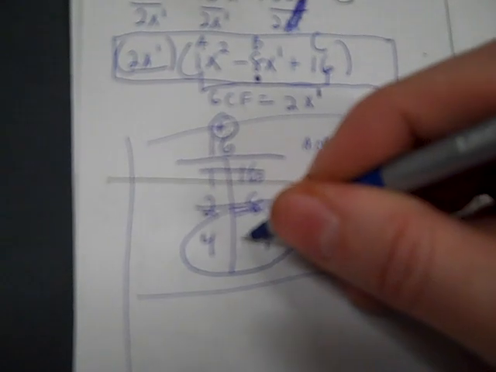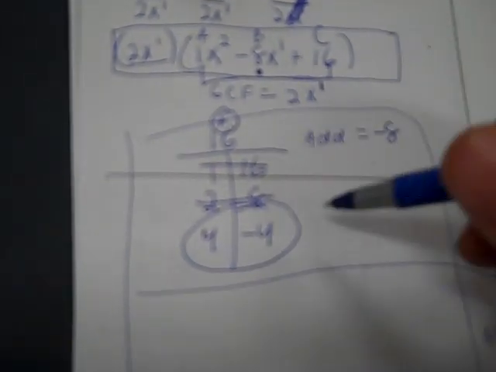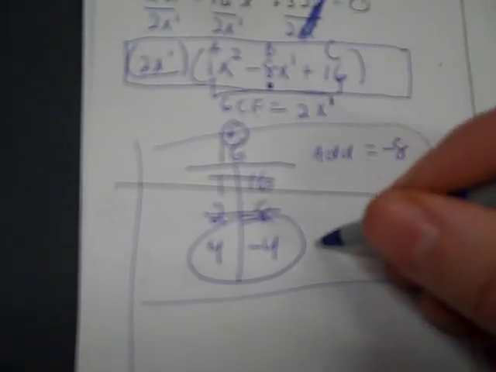So 8's negative, and I don't really have a bigger number, so I put a negative on one of the 4's. Doesn't matter. Now I have a positive up here, and that means the signs have to be the same, okay? Now a is 1x to the second, so when I make my parentheses, I can start with a 1, 1x, minus 4, minus 4.